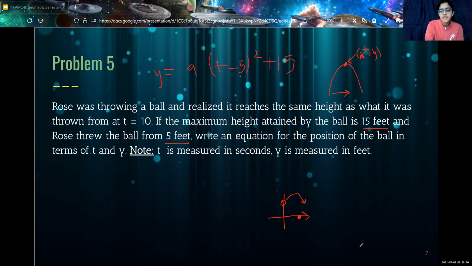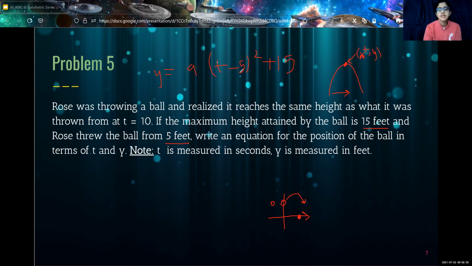So 0, 5. Somebody else said -5, 5. Remember, that would be here, and the ball is not thrown from here. The ball can't be thrown at a negative time. The time the ball is thrown is at t = 0, right? So that means that the ball is thrown from 5 feet, so we have 0, 5.